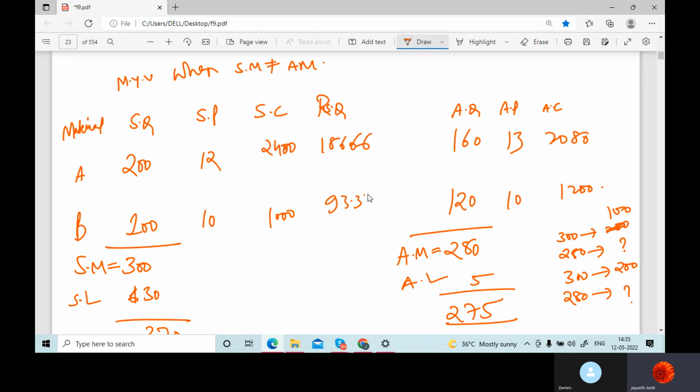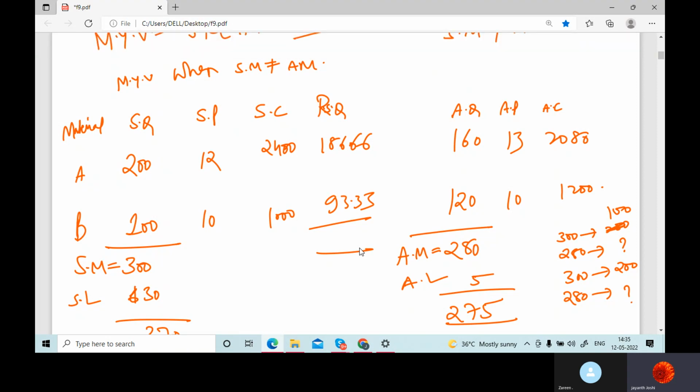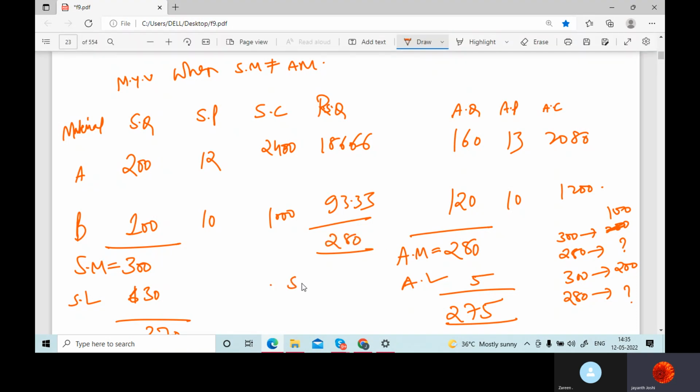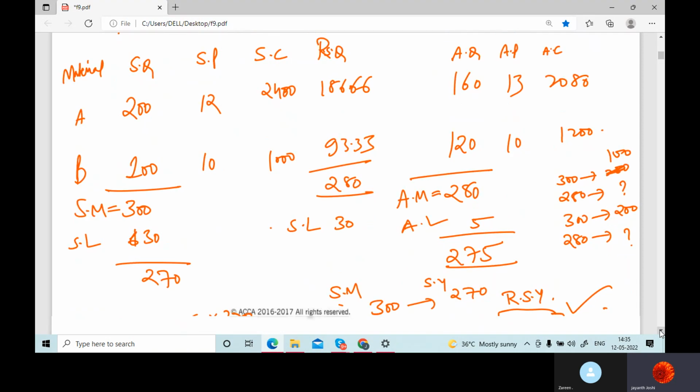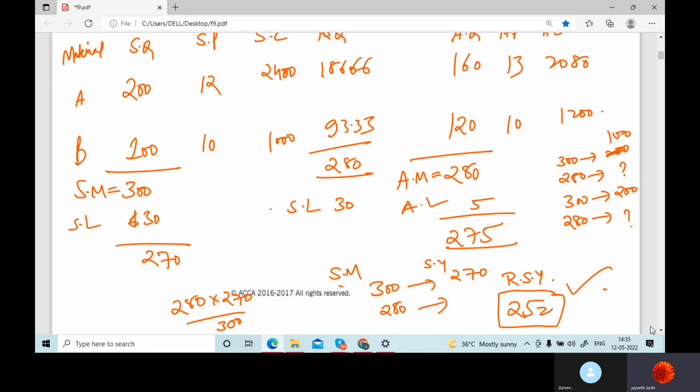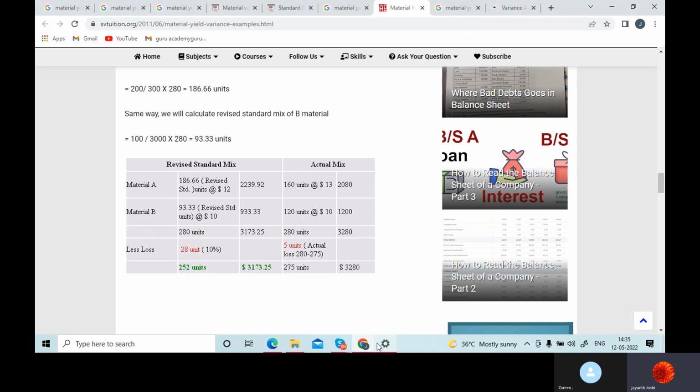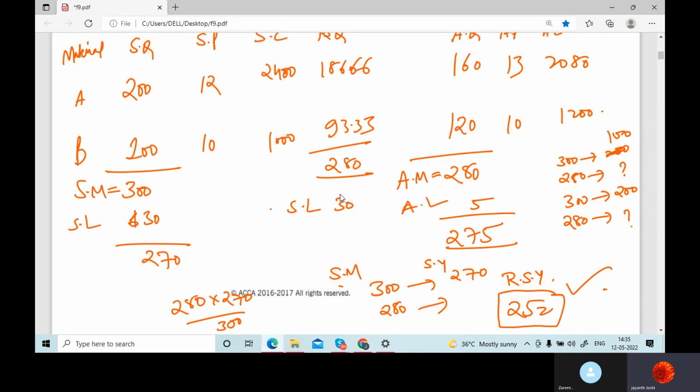It's 186.666 plus 93.333, which totals 280. The standard loss is 10%, as in the question, so 28 I'll remove, and I get exactly 252, which matches what we found directly. Correct?